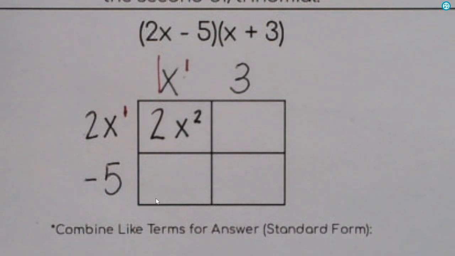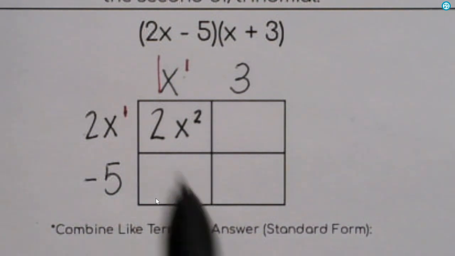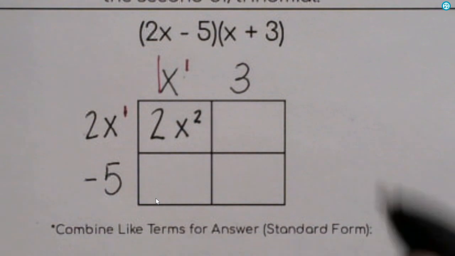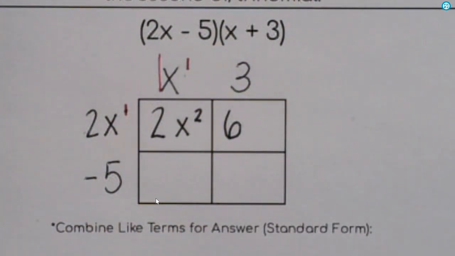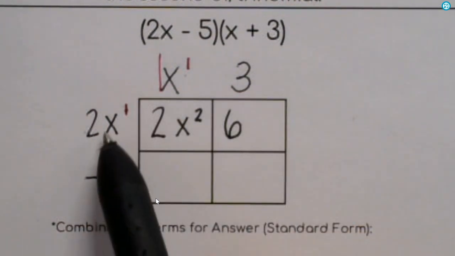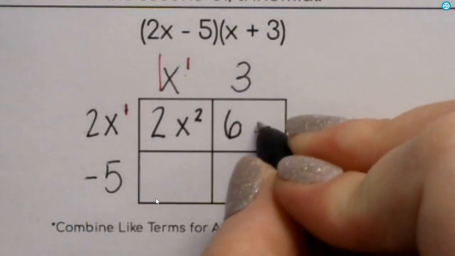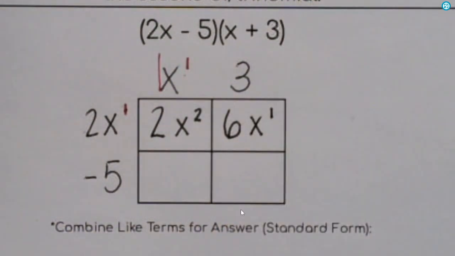Okay. And the top right-hand corner, 2 times 3 is 6. And then adding our exponents, we've got x to the first and no x's. So this x to the first still comes over. 6x to the first. Okay. Bottom left-hand corner, -5 times 1 is -5.